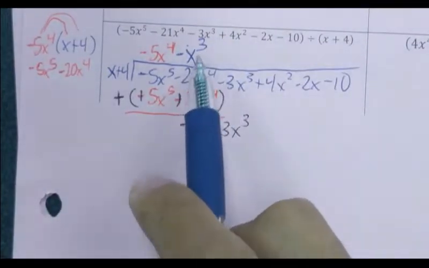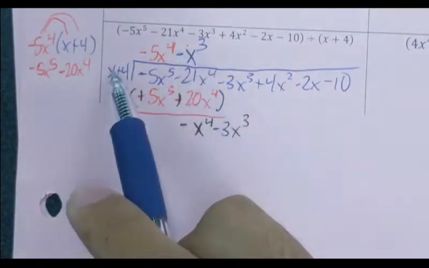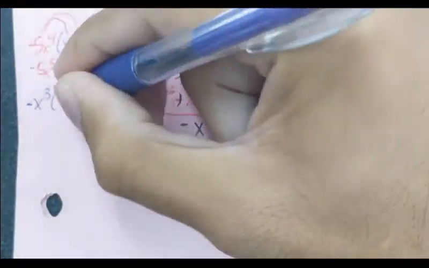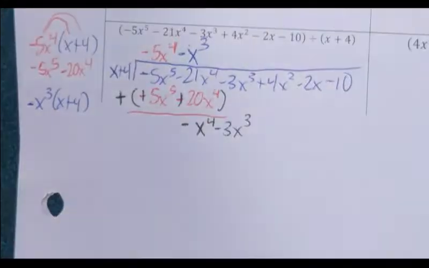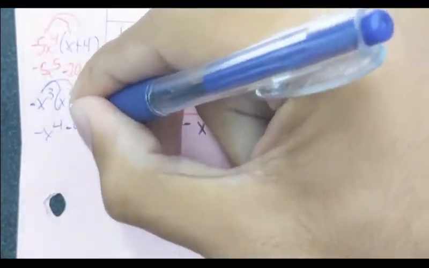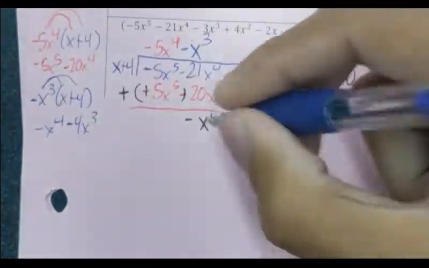Okay, so again, once I've determined what goes up here, I multiply the outside by it. Okay, and then distributing, we get negative x to the fourth minus 4x cubed. Okay, write that below.